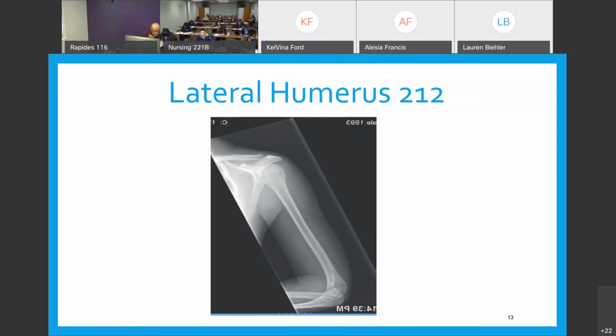All right. And it says, again, this is under position of part on page 212. The body position, whether oblique or facing towards or away from the IR, is not critical as long as a true lateral projection of the arm is obtained. How do we know it's a true lateral? The epicondyles will be what?